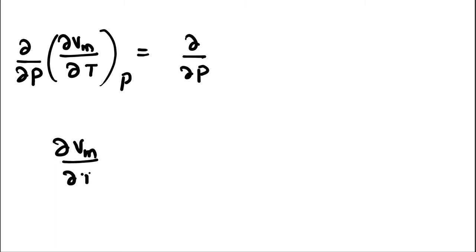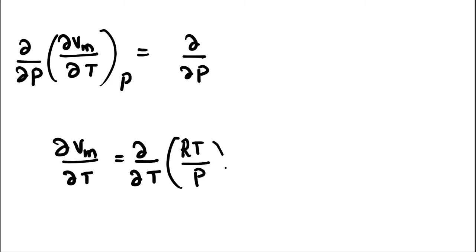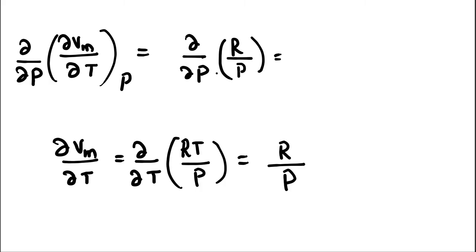We must know this first, so I can derive it from the expression for Vm, RT over P. Differentiation of temperature with respect to temperature is 1. So that gives R over P. And this R over P, let's plug here. Now you have a 1 over P and we are doing the differentiation with respect to P. That gives negative R over P square.